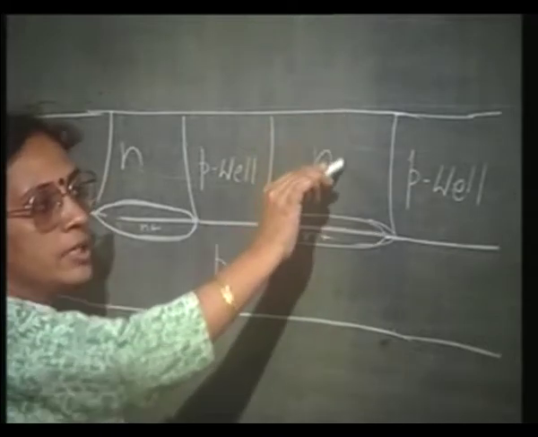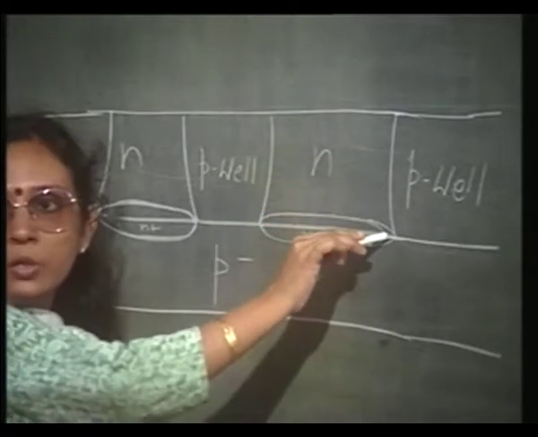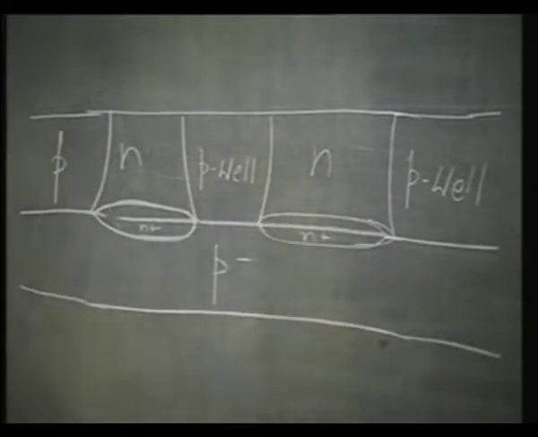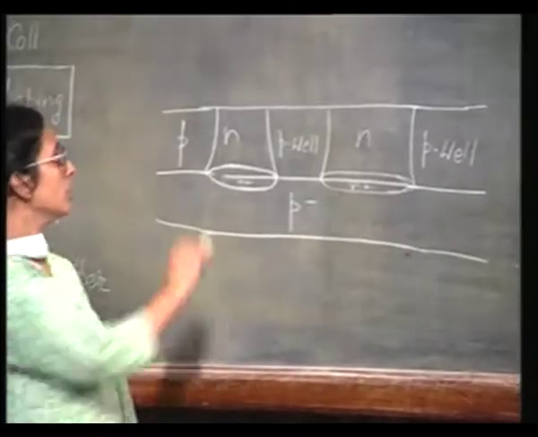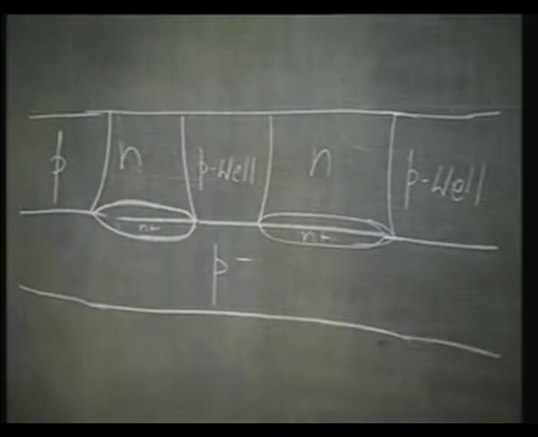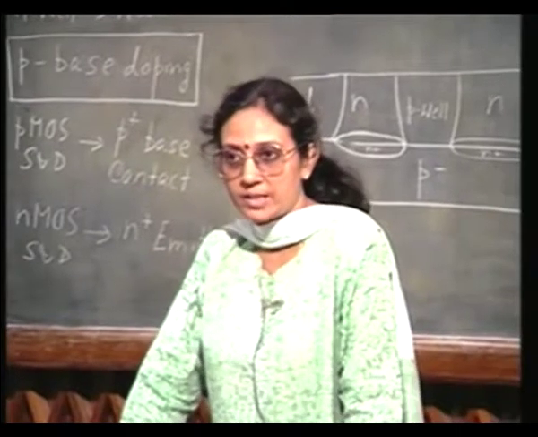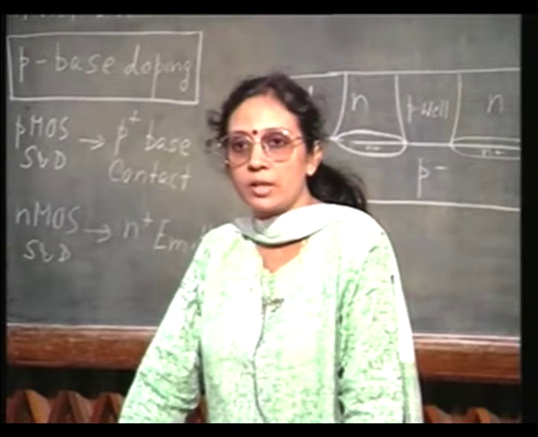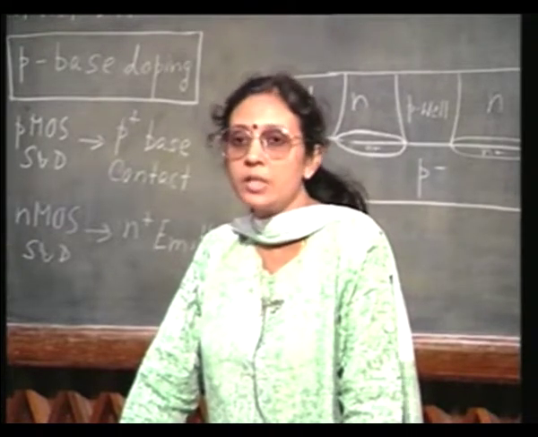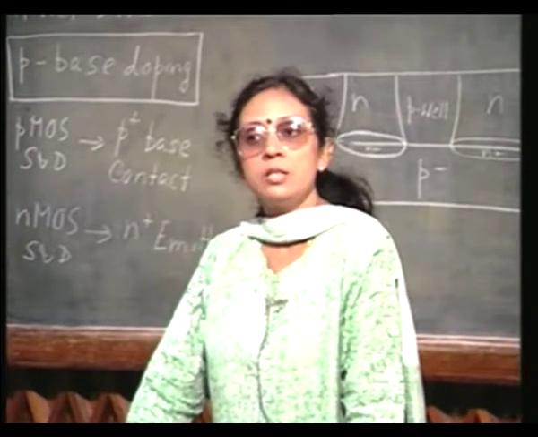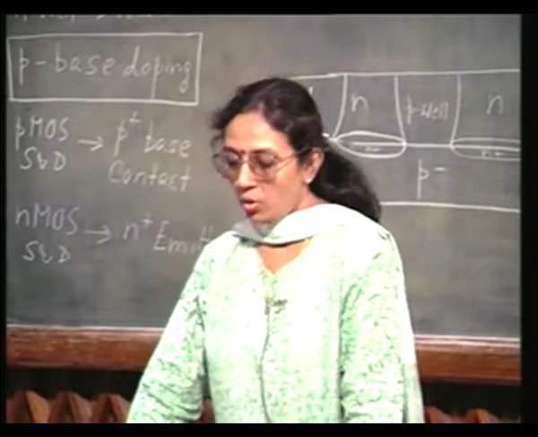If you have a deep collector doping going all the way down to the buried layer, then your collector resistance will be much reduced, and also if you have a deep N plus region here, this will cut down the shunt resistance to a large extent. That will be a substrate contact for the PMOS device. Okay. So, the substrate contact for the PMOS device and the collector contact of the NPN transistor can be one and the same step, and that will further reduce the resistances.